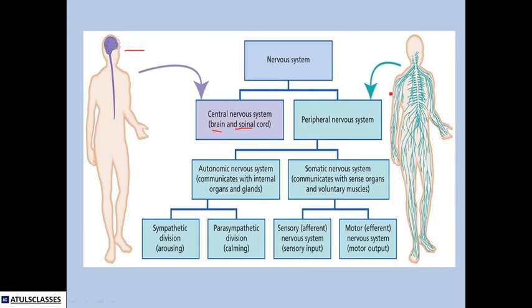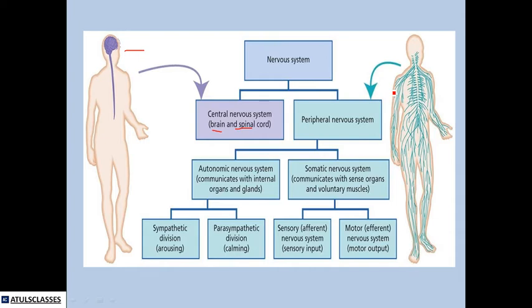This system communicates with the internal organs and glands, and all the soft muscles mainly function because of the autonomic nervous system. If you see, we again divided this into sympathetic and parasympathetic. Sympathetic, they are arousing, and the parasympathetic, they are calming.